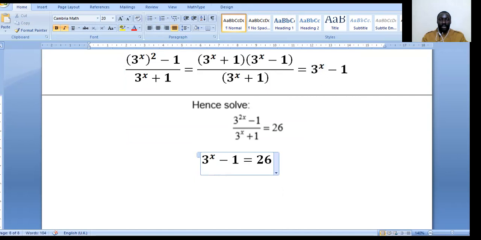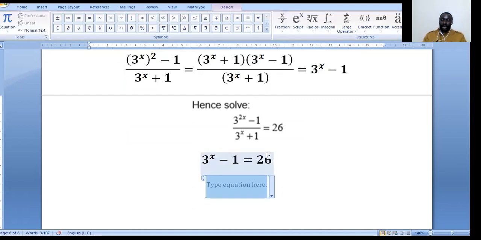So how do we then handle this? Well, we just transfer this to the right hand side, and that would give us 3 with exponent x equal to 27.